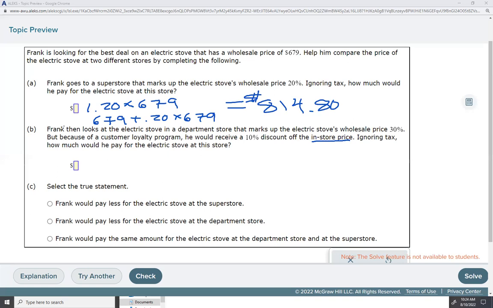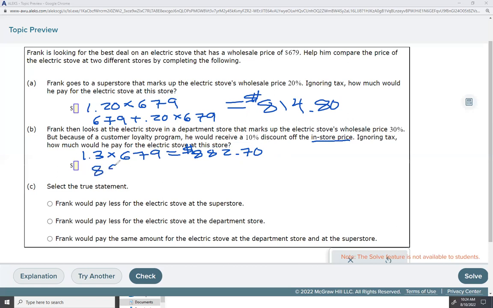So the store is going to charge 130%, a 30% markup of the $679. So it'll be 1.3 times 679, and that'll be $882.70. And then they say, we're going to have a 10% discount. Now we're not going to end up with 814.80, because our 10% is not based on 679. Our 10% is based on the in-store price.